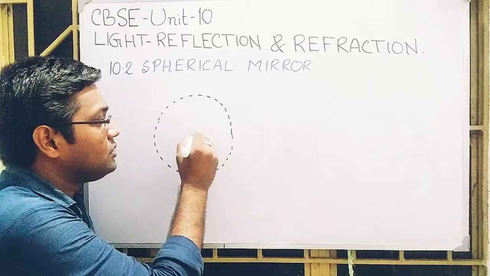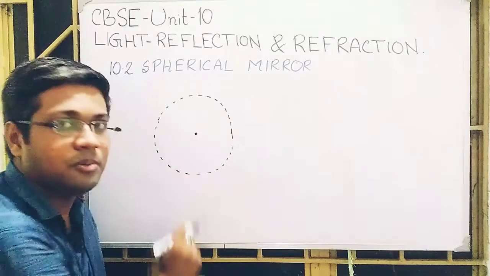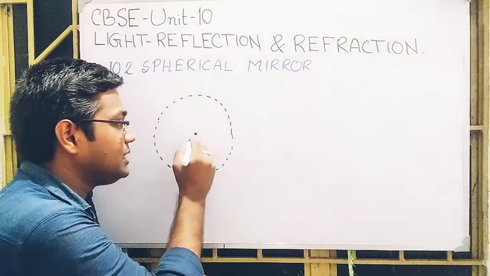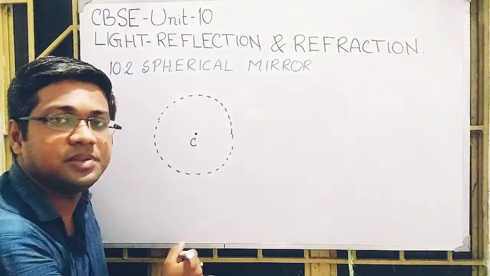So this is the point O. What you can say, this is the center of the sphere.